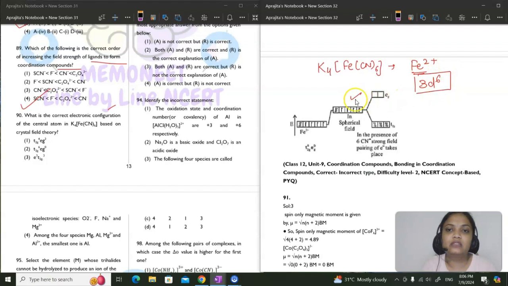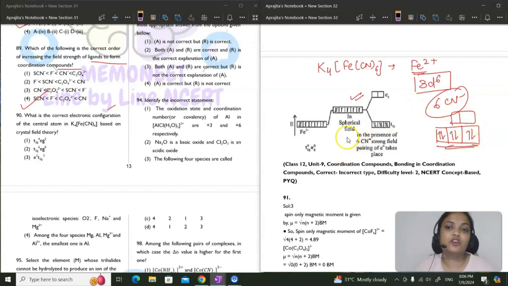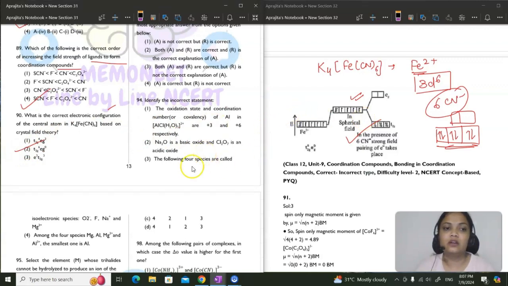Now 3d6 is there, and in the presence of 6 strong field ligands, which are the 6 cyanide ligands, what will happen? Pairing will happen and it will be t2g6 eg0, because of the presence of 6 strong field cyanide groups. So t2g6 eg0 means option number 2 is the right answer. Okay, so this one is the correct answer, students.